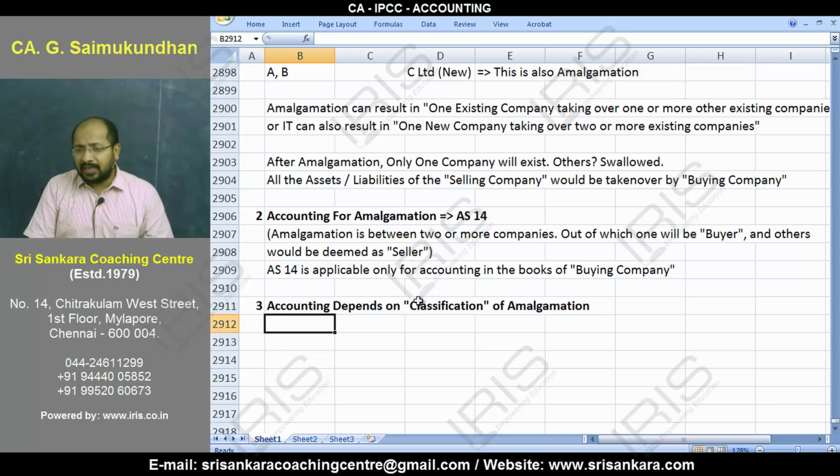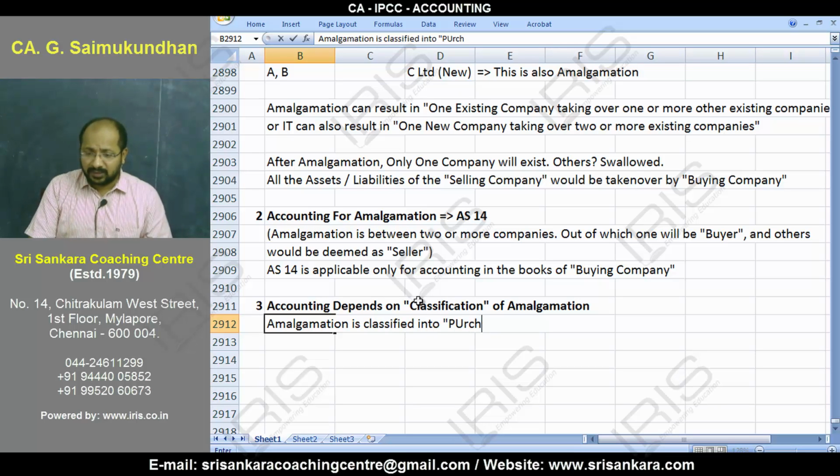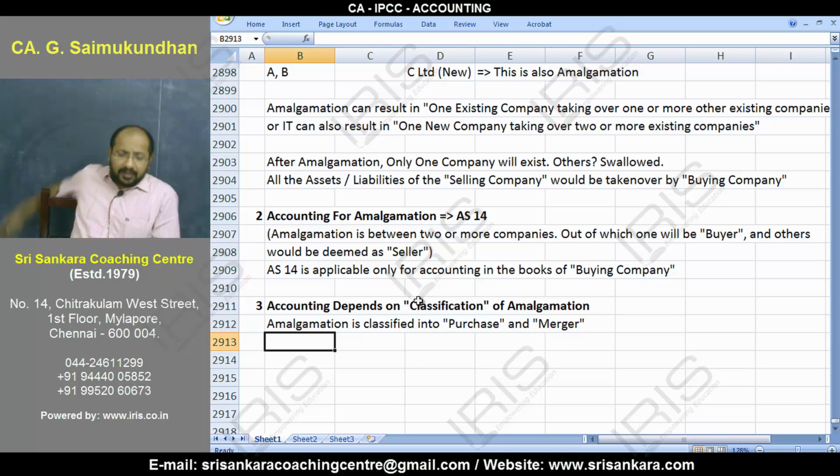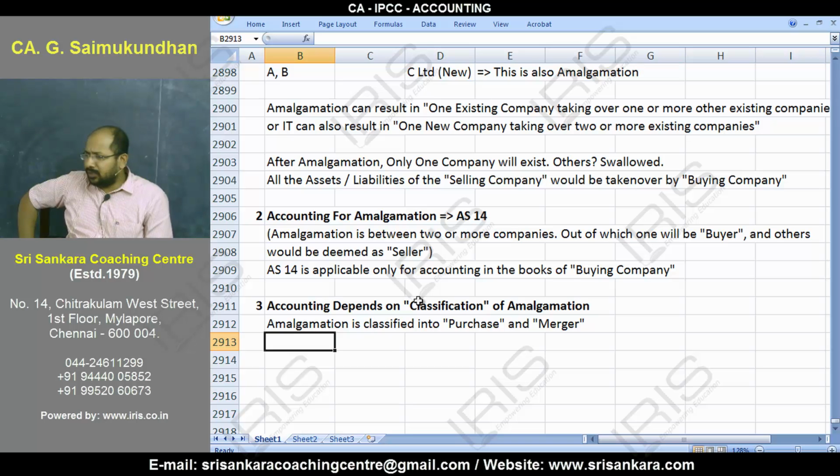AS 14 classifies amalgamation into purchase and merger. The entire concept relating to your accounting would start with this small idea: what exactly is purchase, what exactly is merger, and then we will understand the implication of these two ideas.